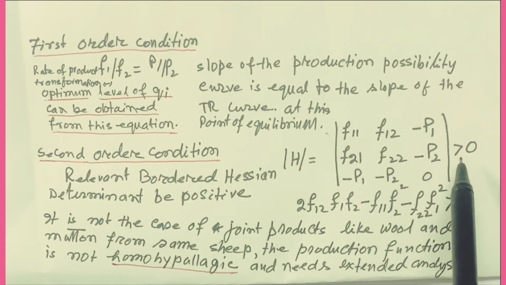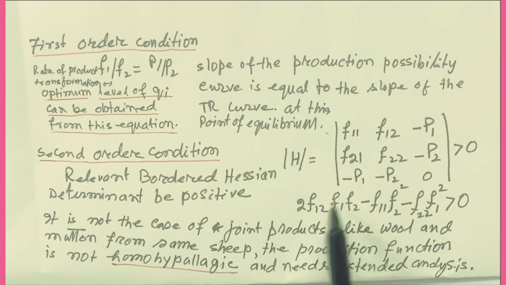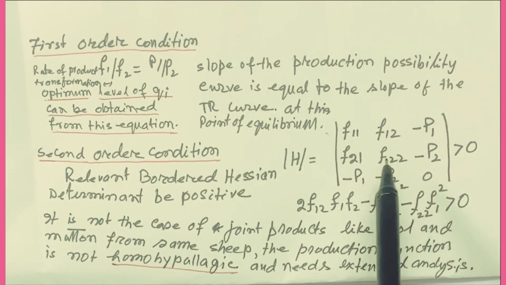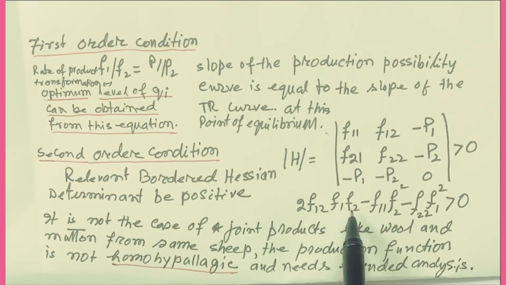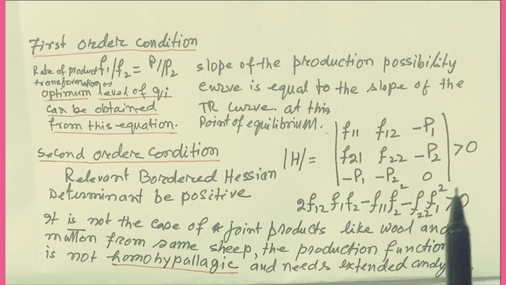So this should be positive. That means if we find the determinant, then it is 2 times F1 F2 F12, minus F11 F2 square, minus F22 F1 square, which should be positive.